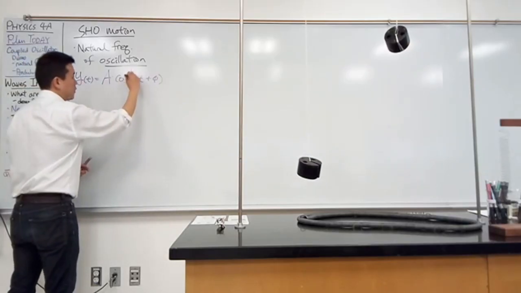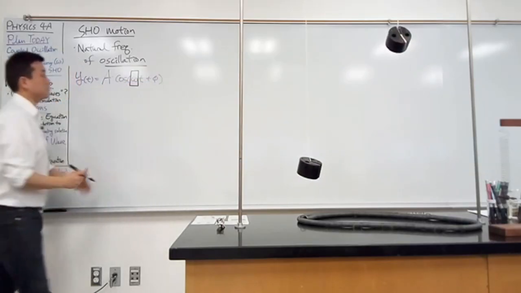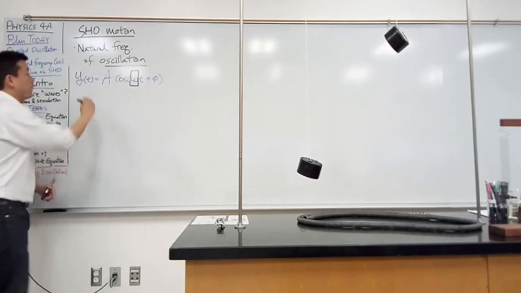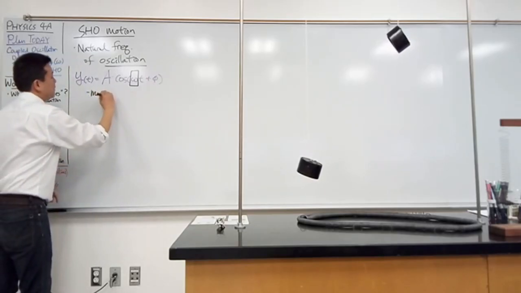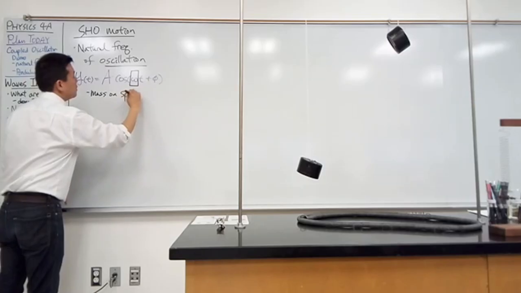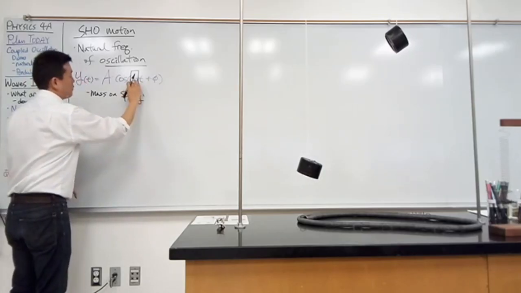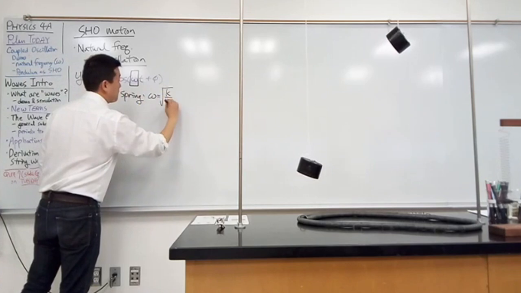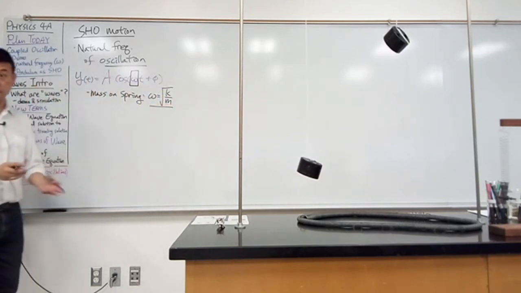The angular frequency here was determined by the equation of motion. So for mass on spring, you saw that this omega was equal to square root of k over m, right?